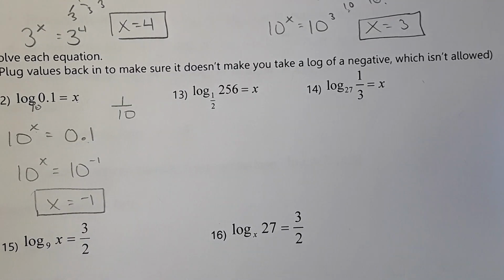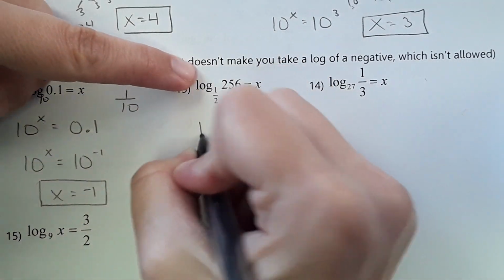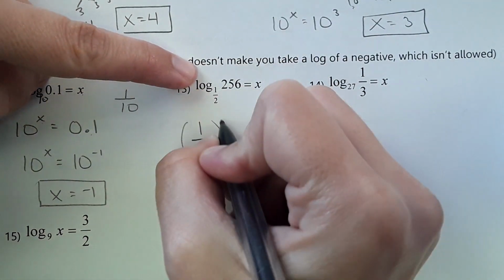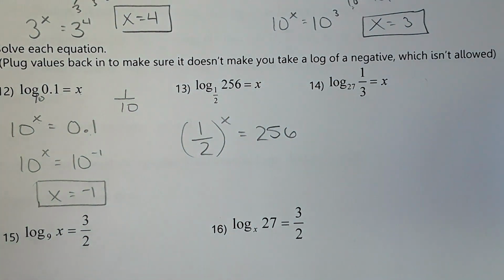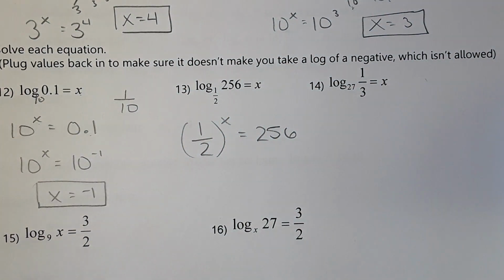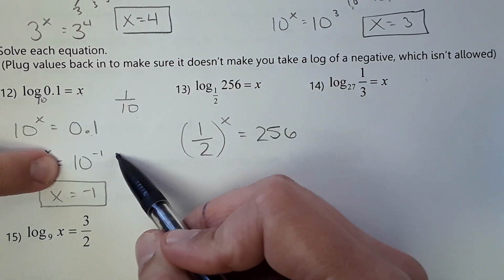Log of base 1/2, 256 equals x. So base is the base, raised to the x power equals 256. Okay, so this 1/2, the 1/10 was 10 to the negative 1.